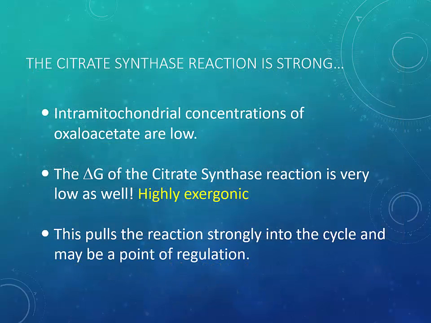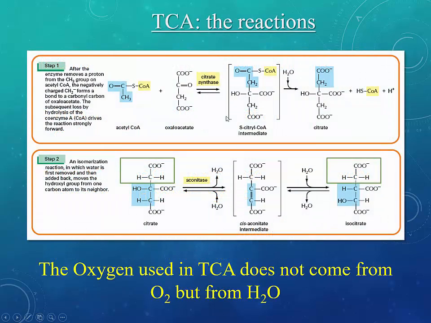So you might think that this would tend to pull back to oxaloacetate, and it does. However, for a couple of reasons. One, the delta G of this reaction is extremely negative, and part of that is coming from the thioester, and two, citrate itself is used very readily, so this entire cycle is pulled forward by this reaction. So all of TCA is being pulled forward by the activity of citrate synthase.